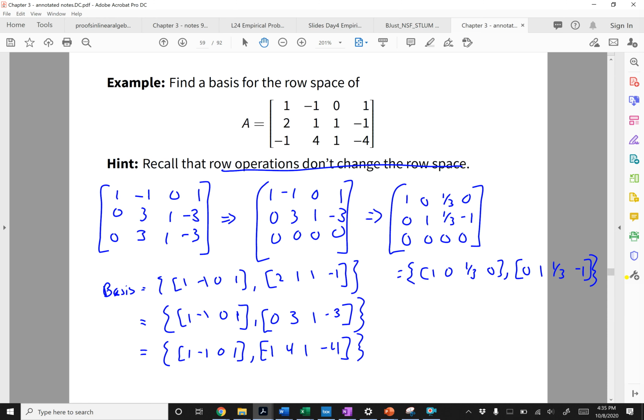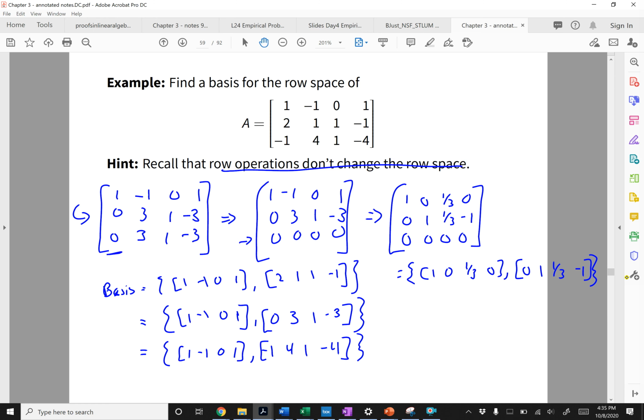So I started to do row operations, and you can see that once I did the first couple to get this first column, then I had 2 rows that were scalar multiples of each other, but keep going, get a row of zeros. So already I can tell that I only need 2 rows.